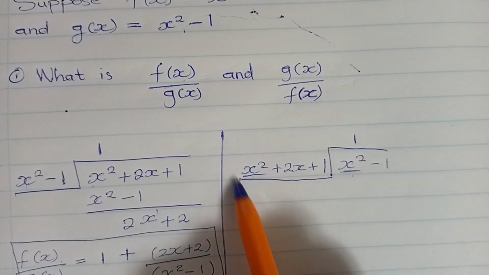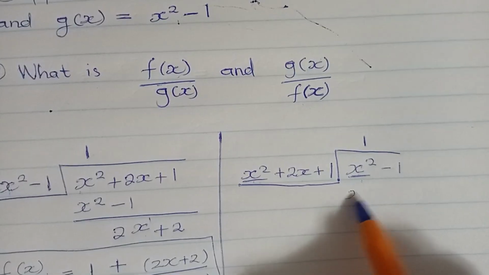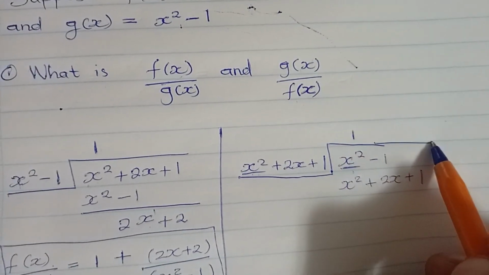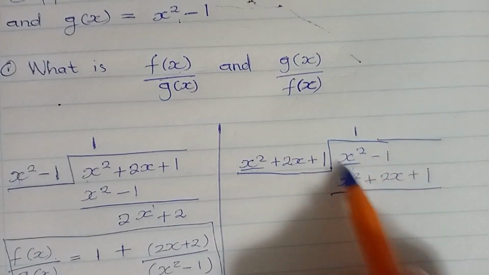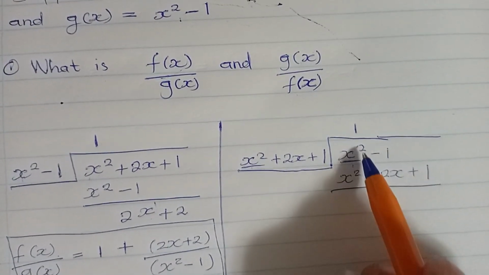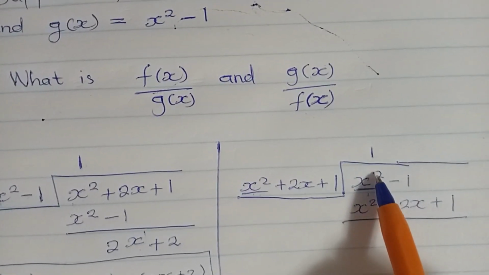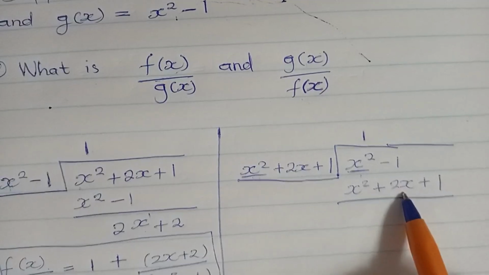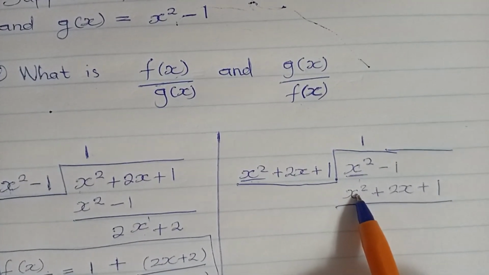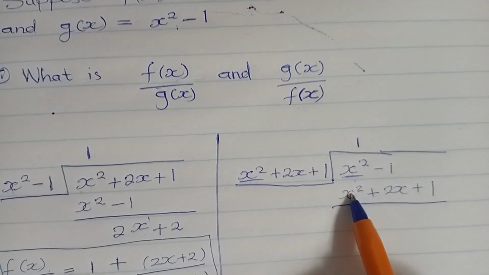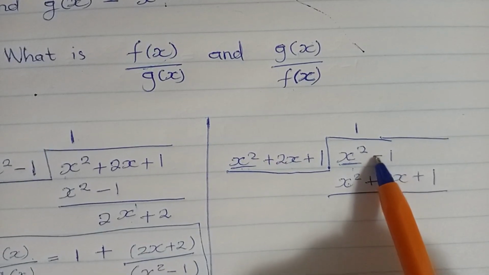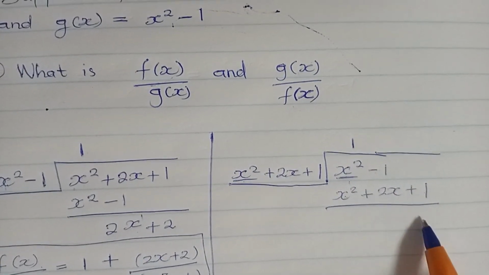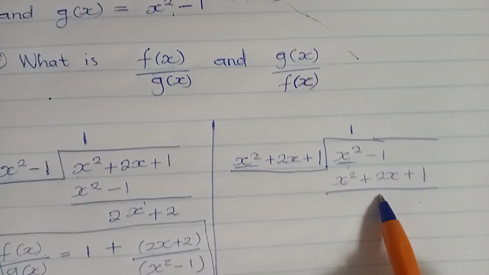So this 1 will multiply everything here, which means we're going to have x squared plus 2x plus 1. Then we subtract everything that is here. The easiest way is to take a term from here and subtract a like term from the bottom function. x squared minus x squared is 0. Then minus 1 is a like term with this one, so minus 1 minus 1 gives us minus 2. And this one we just drop, because it doesn't have a like term.